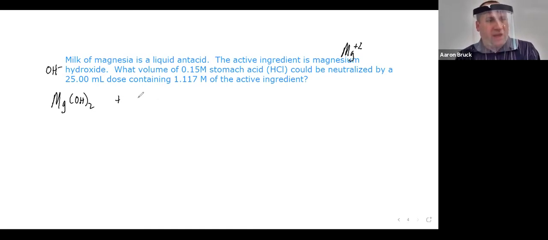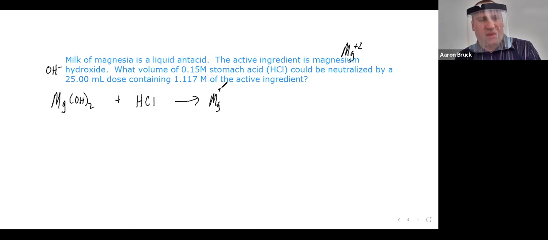This is going to react with hydrochloric acid, and it is a double replacement. We're going to take the hydrogen and the magnesium, switch them around. So I end up with magnesium with its +2 charge and chloride with its -1 charge. So the correct formula for magnesium chloride is MgCl2.